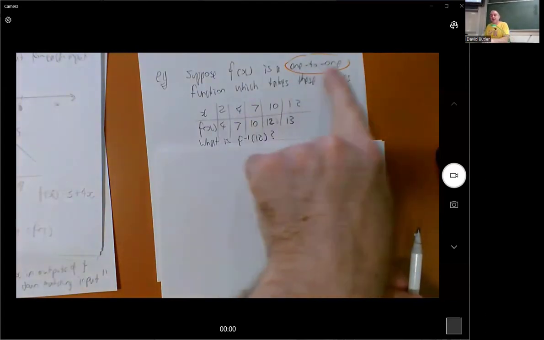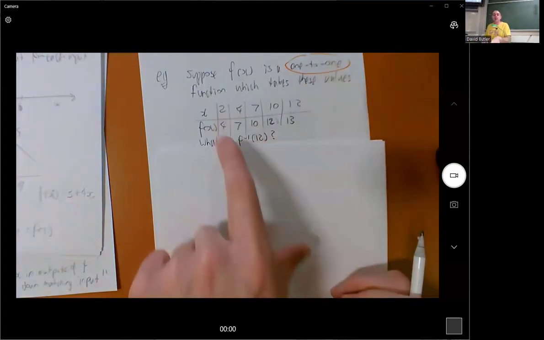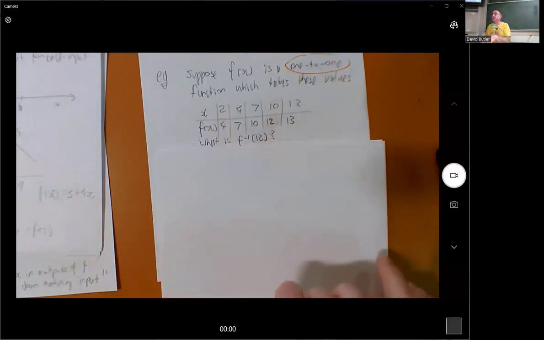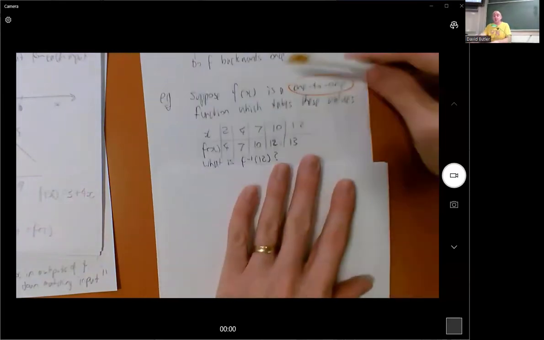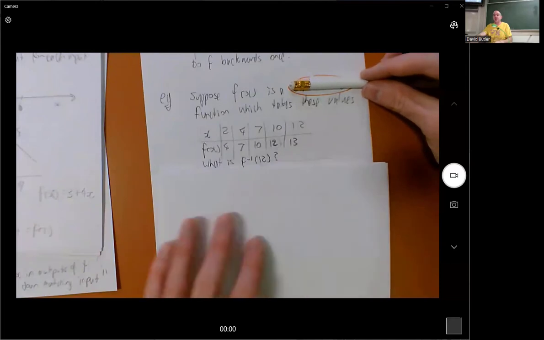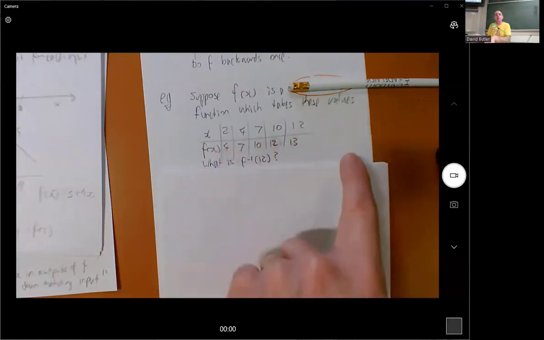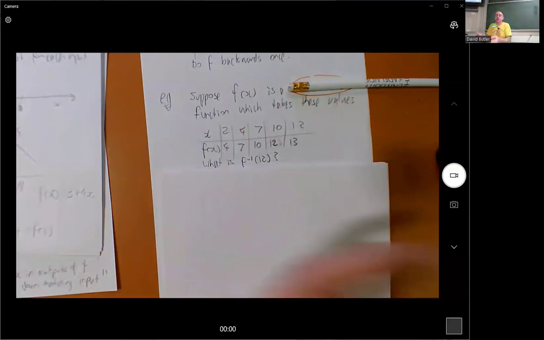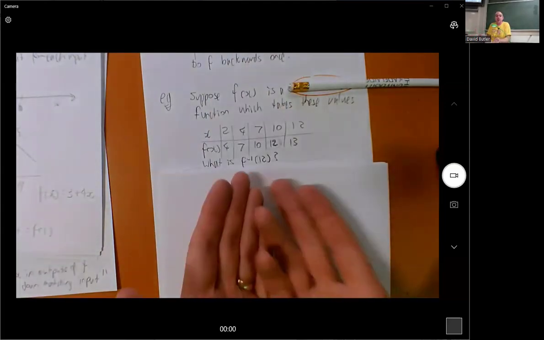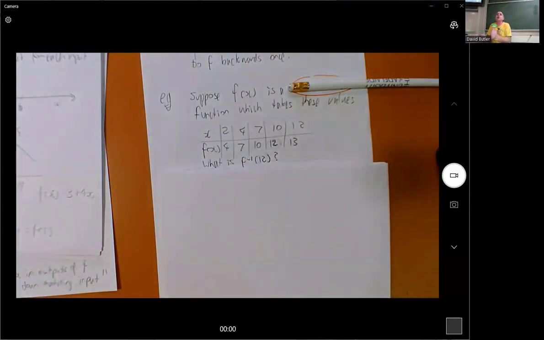So one-to-one means that every input produces a different output. And you're saying if it wasn't one-to-one, then you would actually have no way of telling whether f inverse of 12 meant anything, because there might have been some other number that produced the answer 12. And so you wouldn't know which x it was, which input it was that made 12, so you wouldn't be able to decide what f inverse of 12 was. Is that what you were saying?